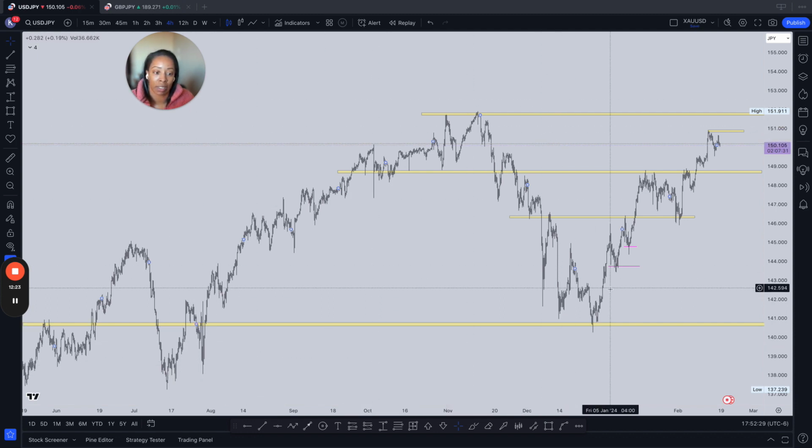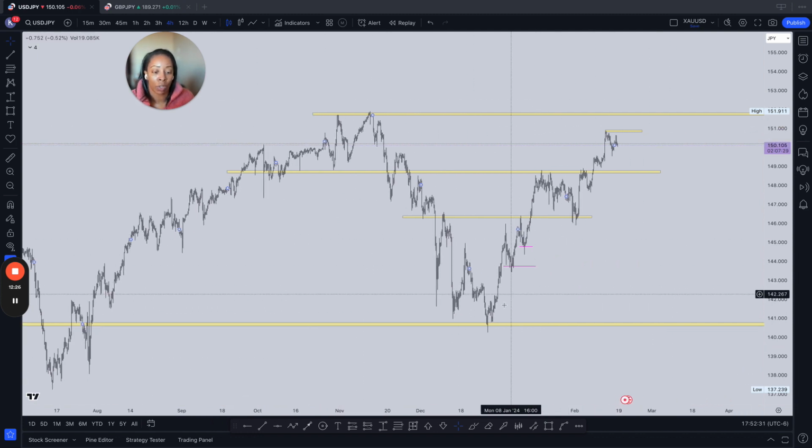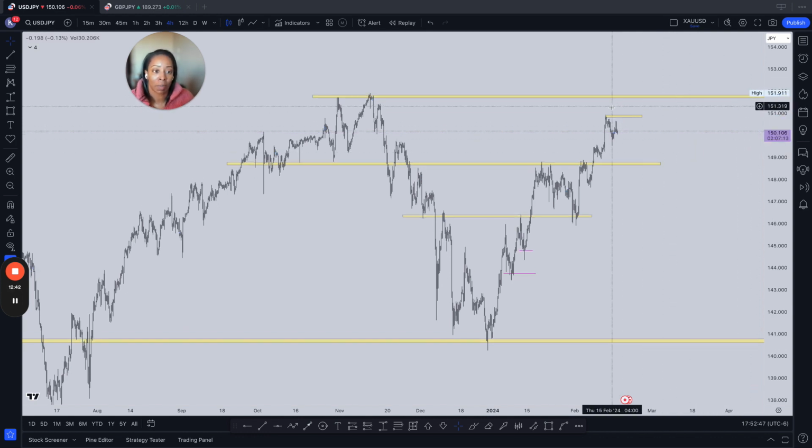So you can see this all as a correction. And what I'm seeing right now is that price bounced off of this level and it's continuing to go up. And this means that there's a possibility for it to at least reach the previous highs of 151 and could go potentially higher.